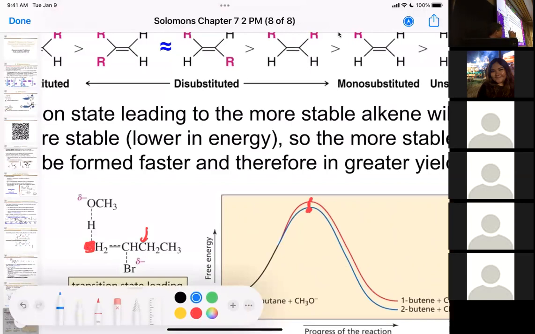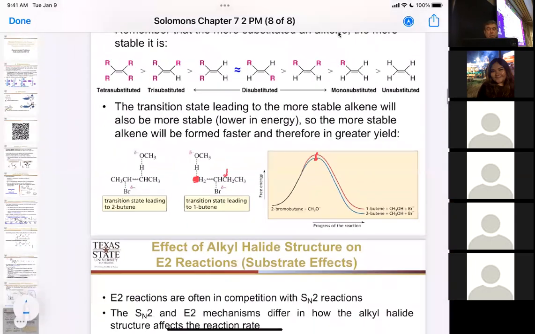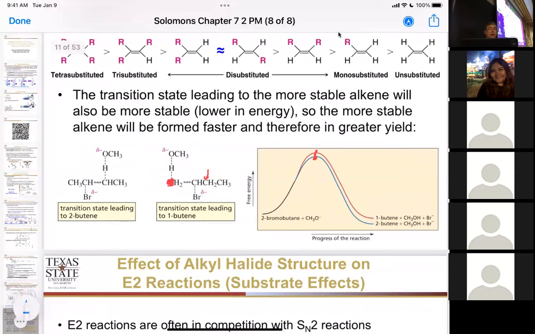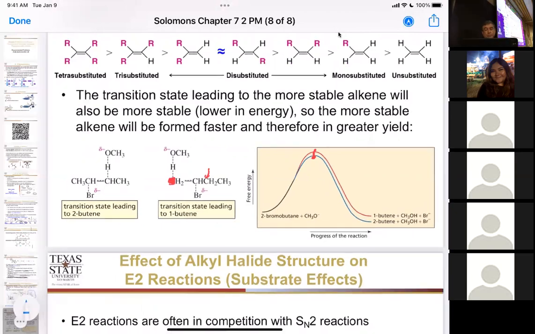Faster, because it has a lower activation energy. Okay, so that means it goes faster because it has a lower activation energy. There's not much difference between the other transition state, but it's going to go slower because its activation energy is high. So you should get a majority of one over the other. And it's always going to be the more substituted product that is the faster formed, and it's going to be the major product.